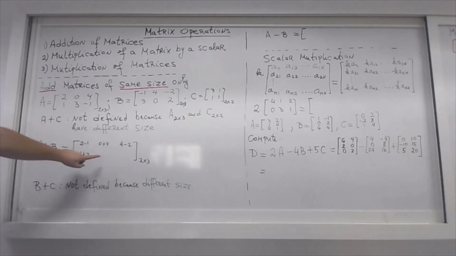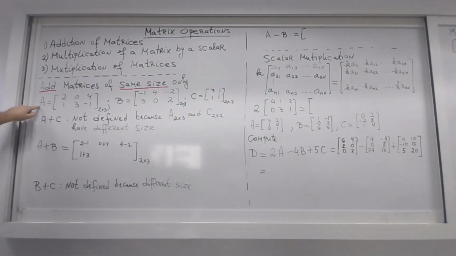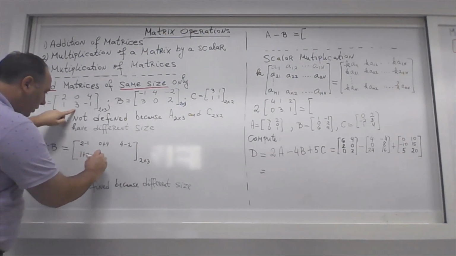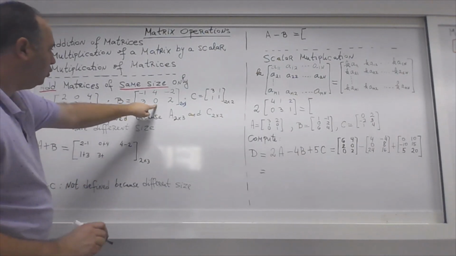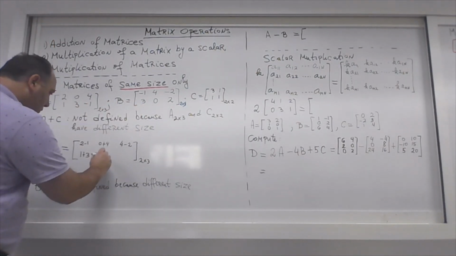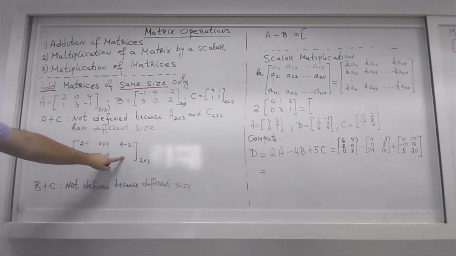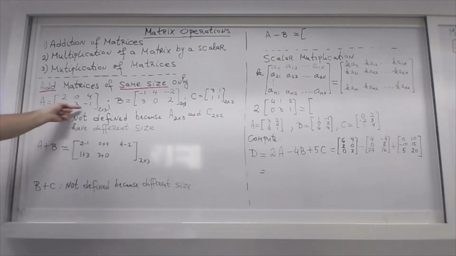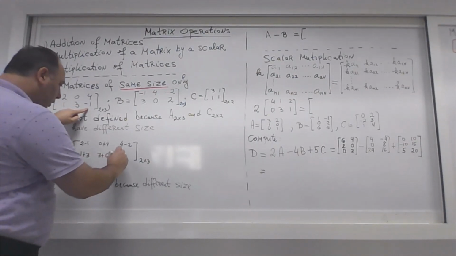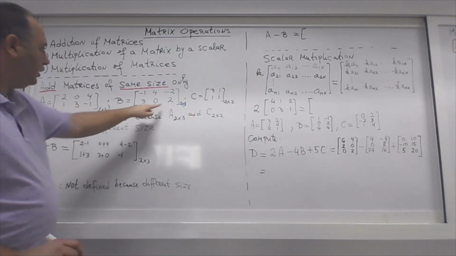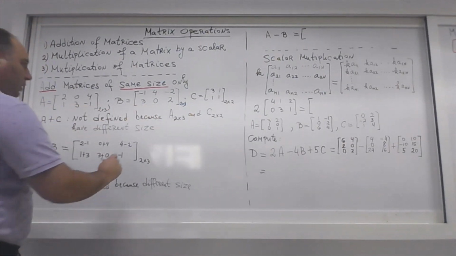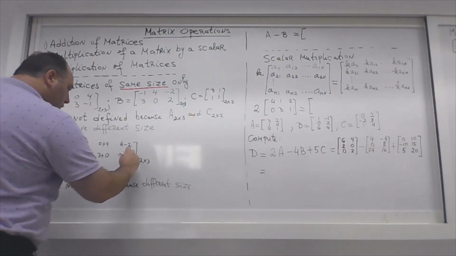Now, to get entry 2, 2 of the resulting matrix, I take entry 2, 2 from A, so 3, plus entry 2, 2 from B, which is 0. And then for the last entry 2, 3, I take entry 2, 3 from A, minus 1, plus entry 2, 3 from B, plus 2.